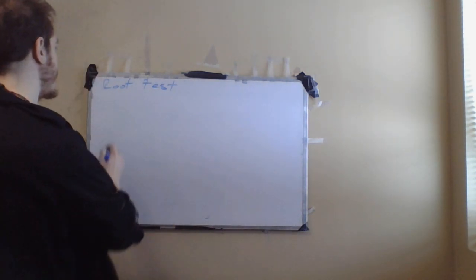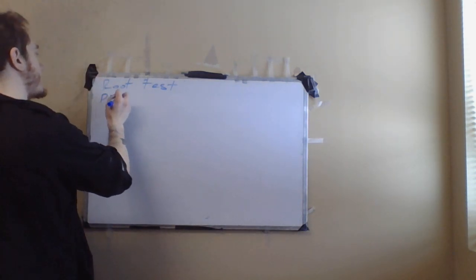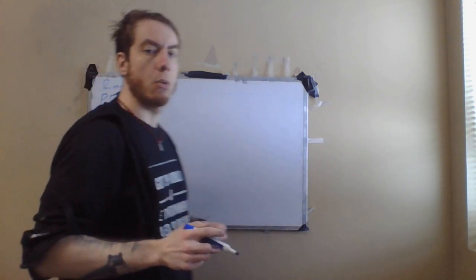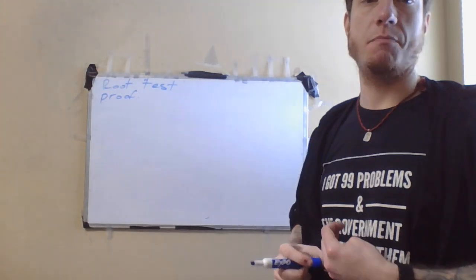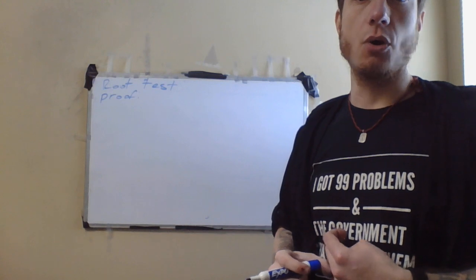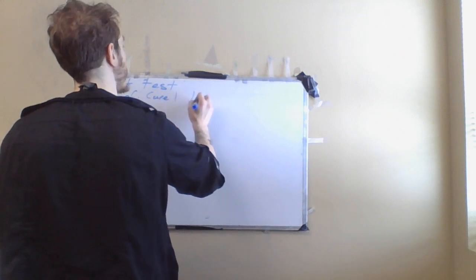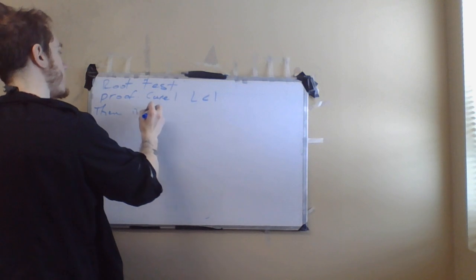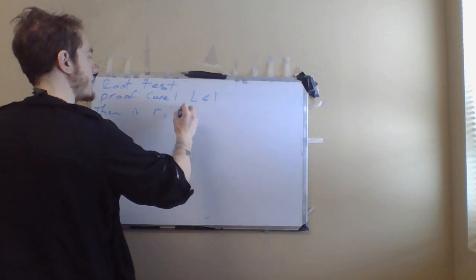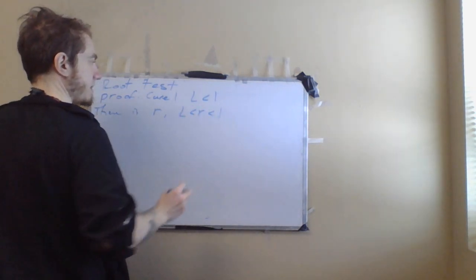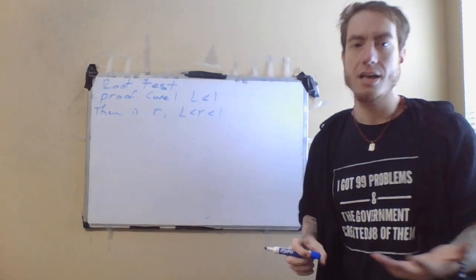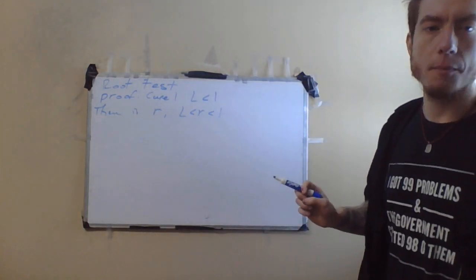So, like the proof of the ratio test, we're going to want to make a comparison test here. Once again, in case 1, where L is less than 1, there is an R with L less than R less than 1. Same as the thing that we did before.